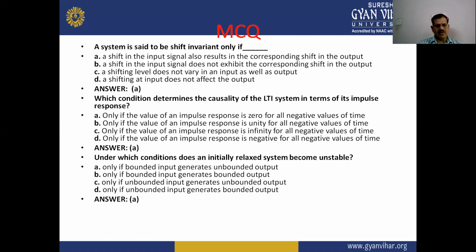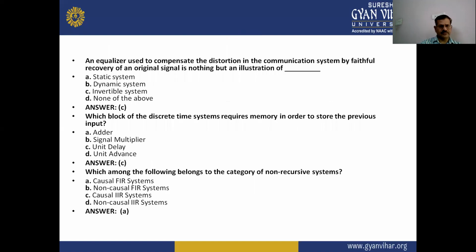And option D, only if unbounded input generates bounded output. So the correct answer here is option A. An initially relaxed system becomes unstable only if bounded input generates unbounded output.